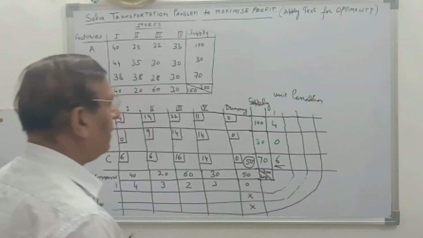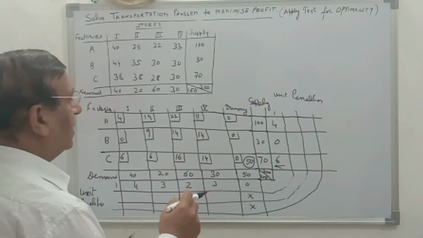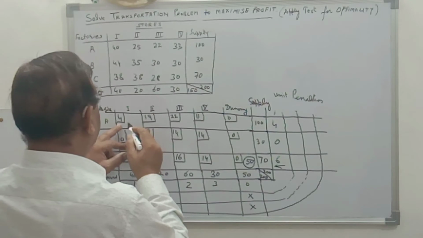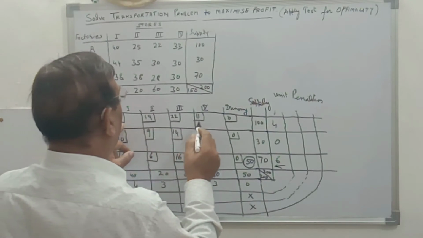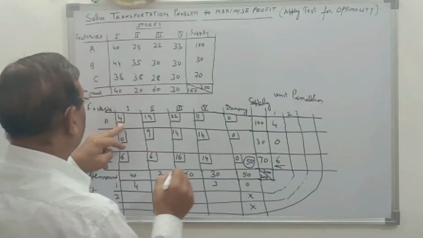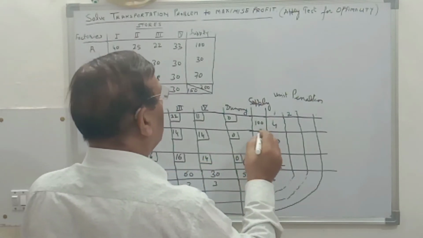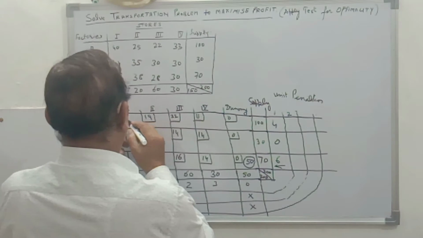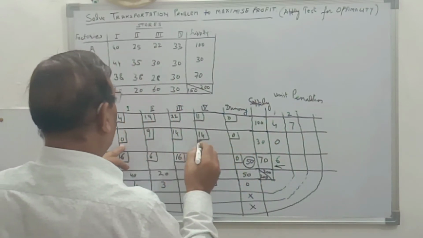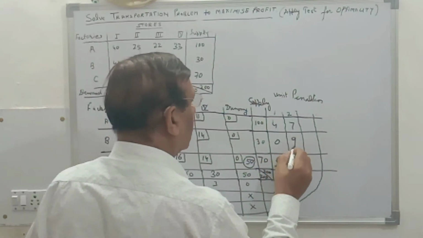Okay. Now for the next difference, this column is not here. Then minimum is 4 to 11, 7. Second penalty: 4 to 11, 7. 0 to 9, 9.